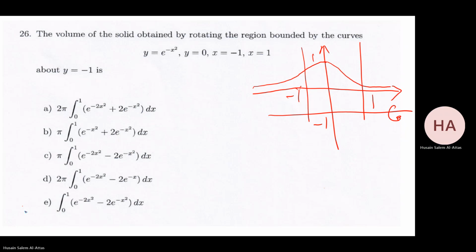Okay, let me think about it. If I put it this way, the function should be symmetric. It will do the same thing exactly, so it will be symmetric.